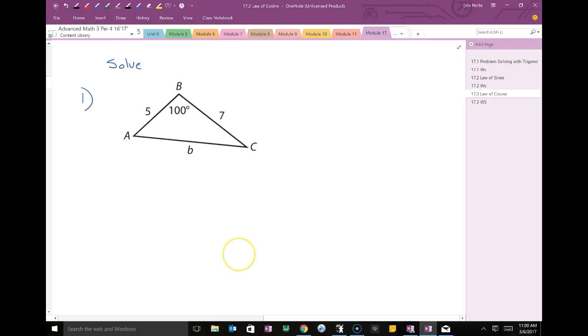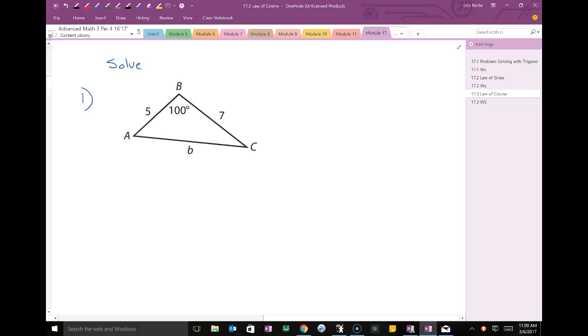Before I start, what is given to me in terms of sides and angles? You're given the angle C, the side AB, the side BC. So we are given a side angle side scenario. That tells me I'm going to use my first law of cosines rule.